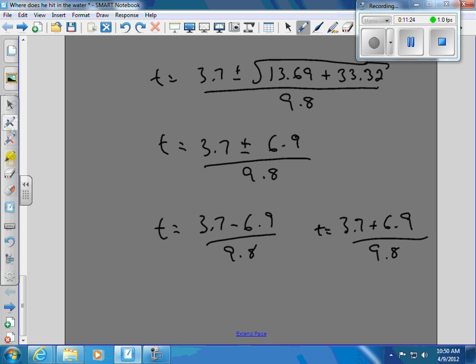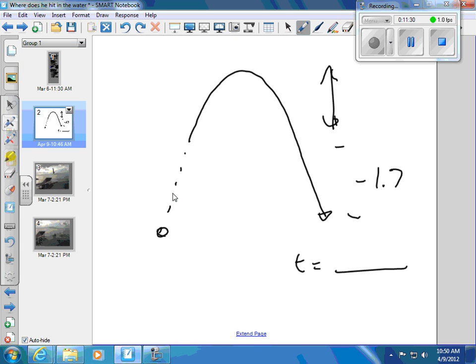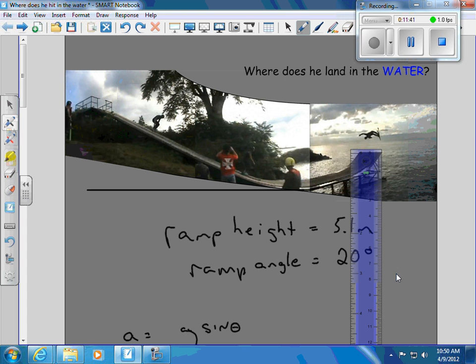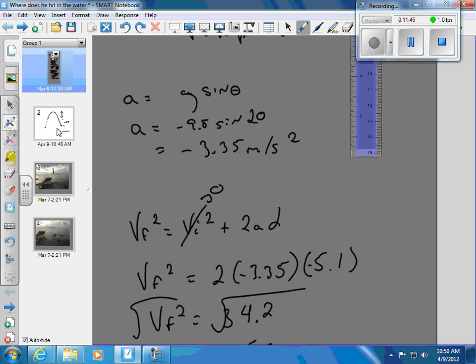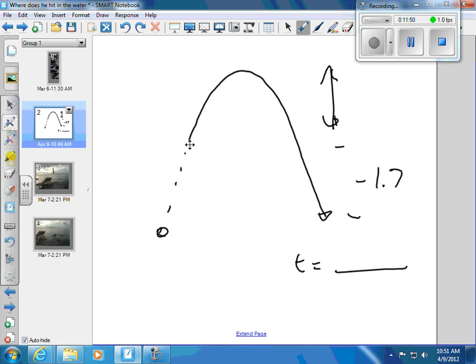Right? So the first one is going to give us the time to this point, the second one is going to give us the time to that point. Is that dotted line still going up there? That dotted line is just imaginary. It's not actually there.